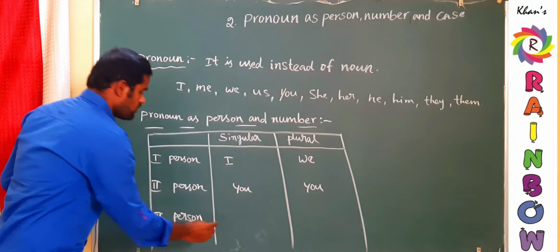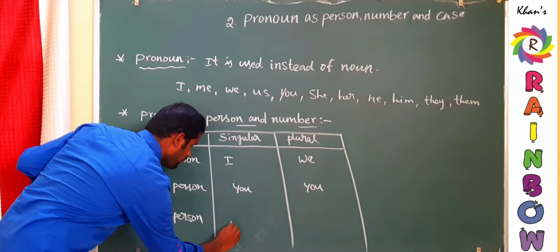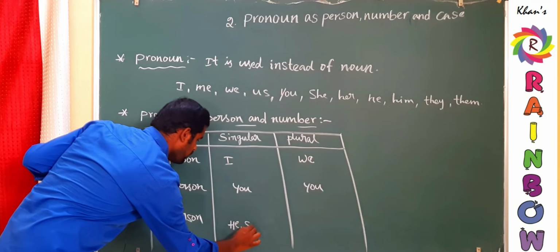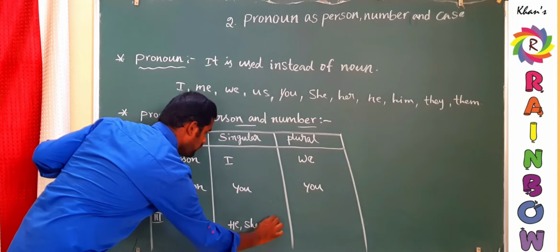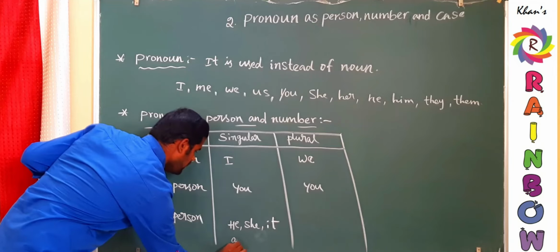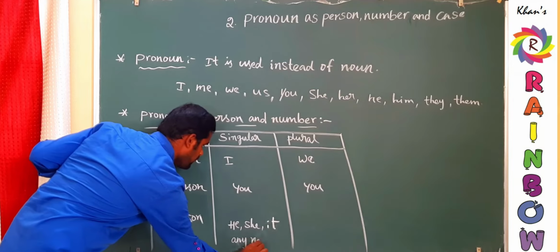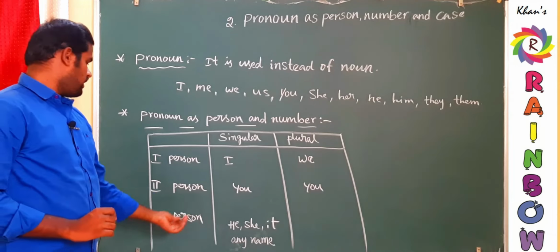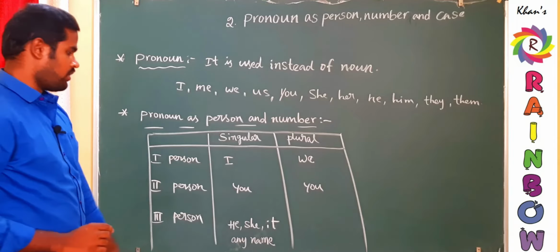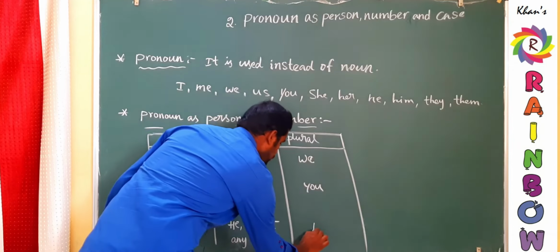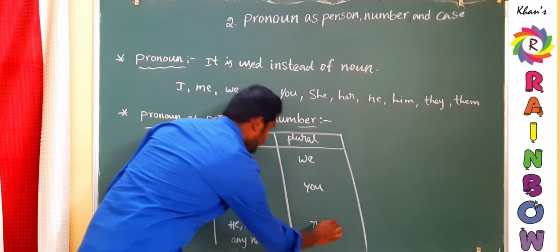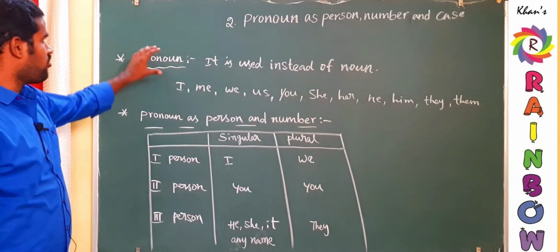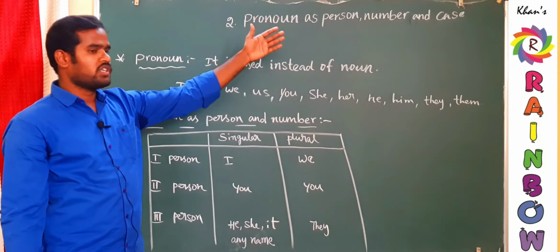And then third person singular pronouns: he, she, it and any name. He, she, it and any name are treated as third person singular pronouns, and third person plural pronoun is they. So this is the division of pronoun based on person and number.